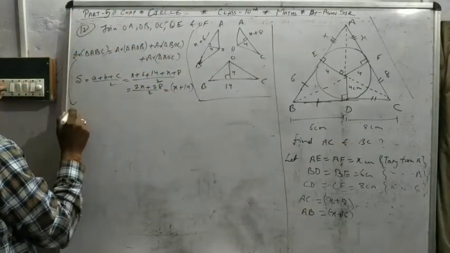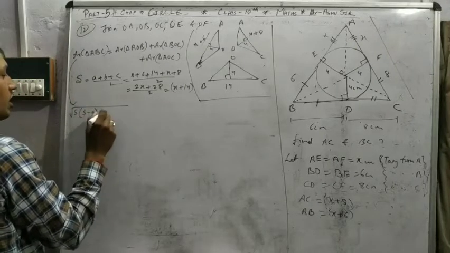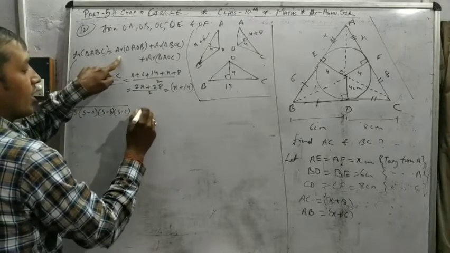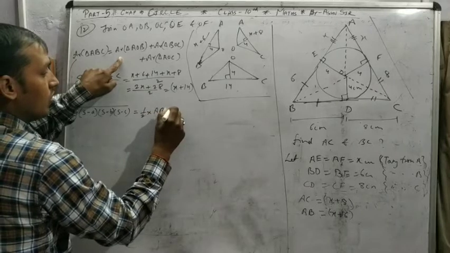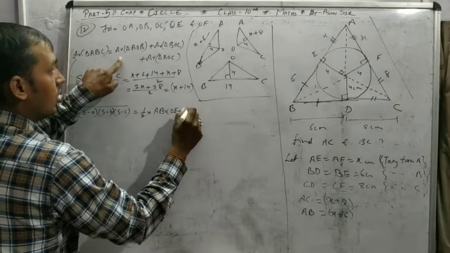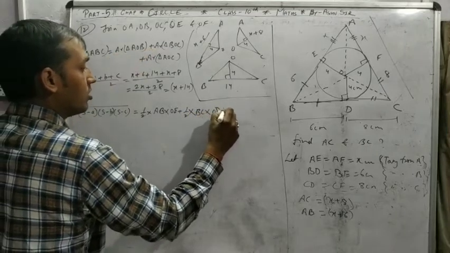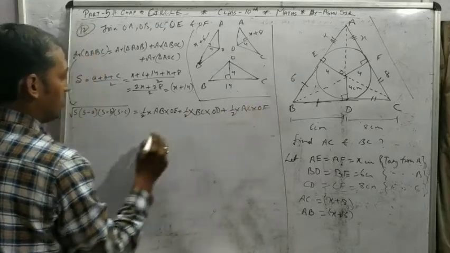So in place of area of triangle ABC, root of s into s minus a, s minus b, s minus c. Area of triangle ABC is half base into height, half base into height, half base into height.